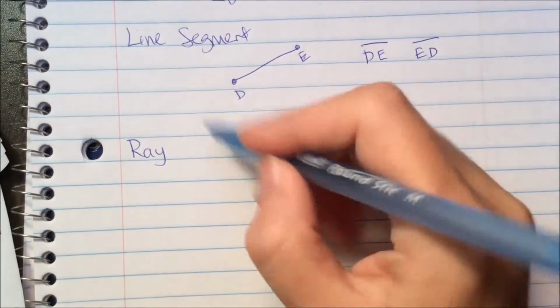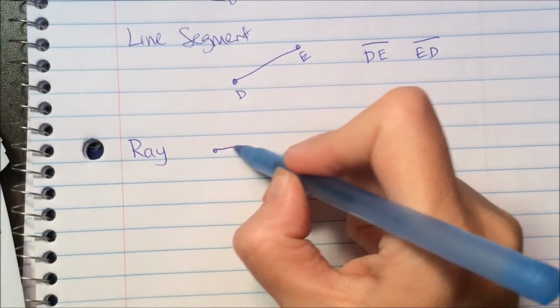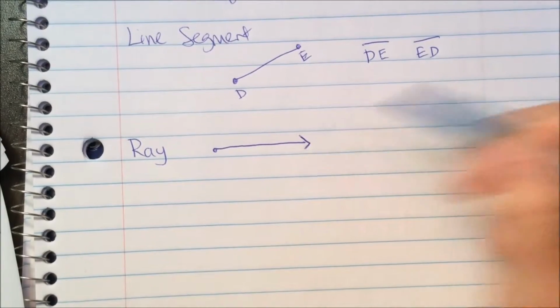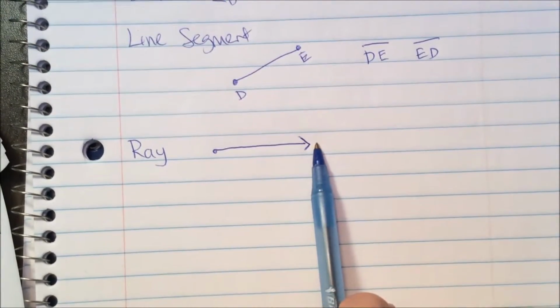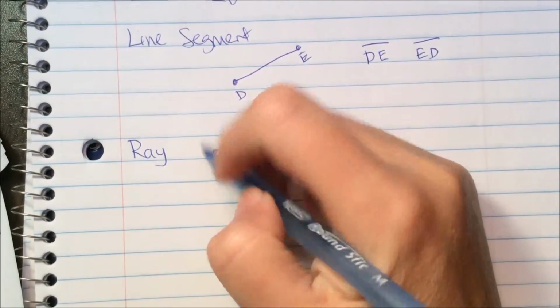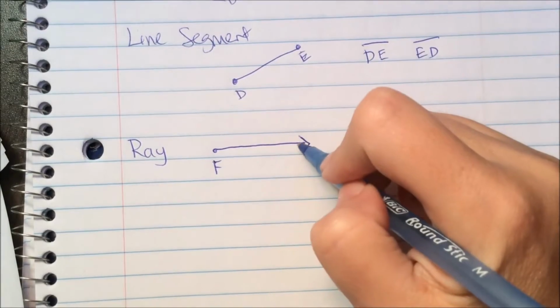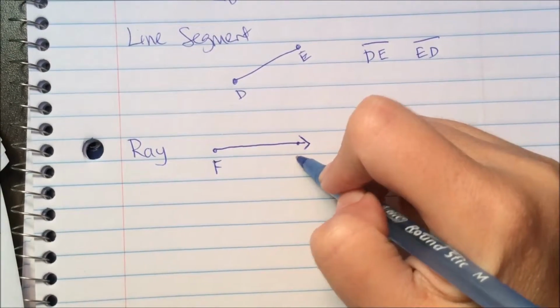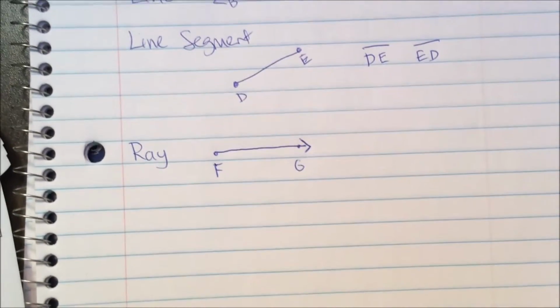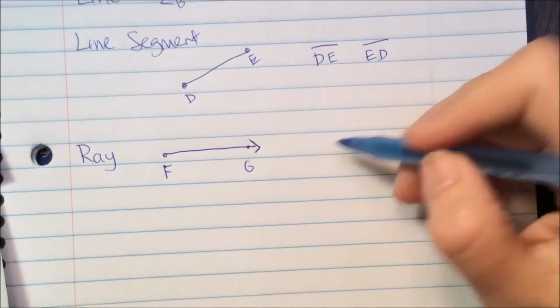A ray is very similar. It starts with a point, and it goes on in one direction forever, but it stops in the other. So let's go with F, and we'll put a point here and we'll call it G. Now, the thing about a ray is it can only have one name.